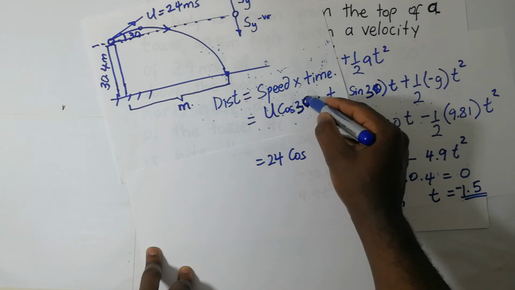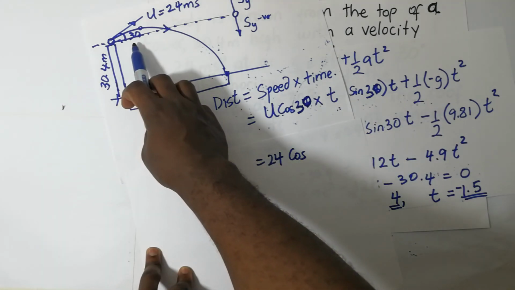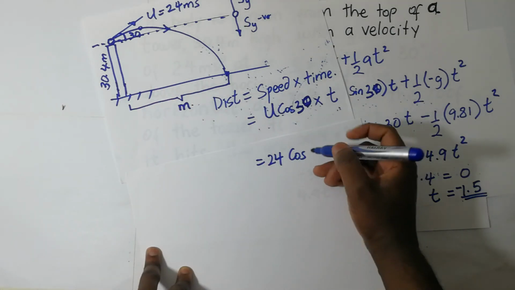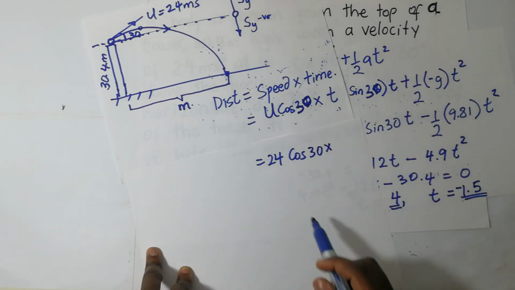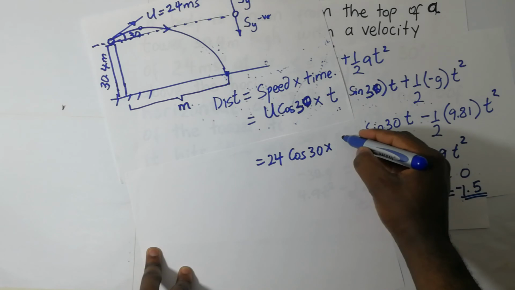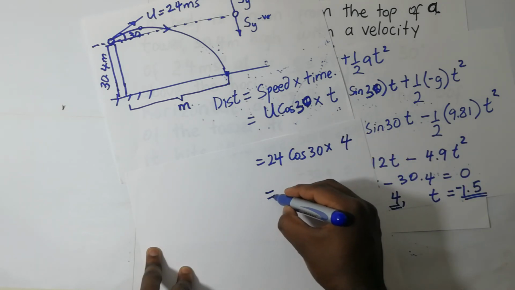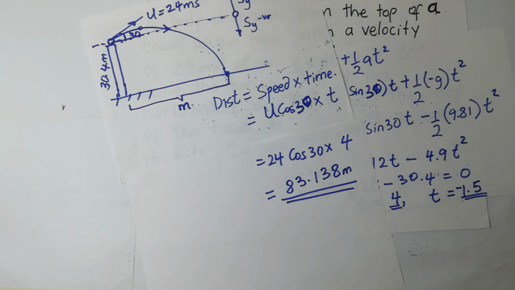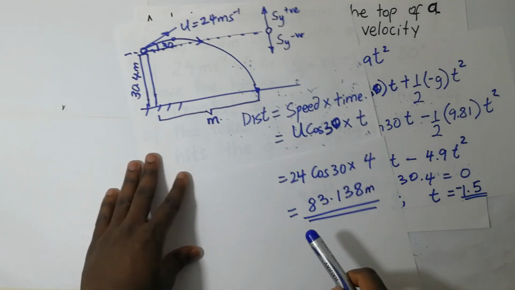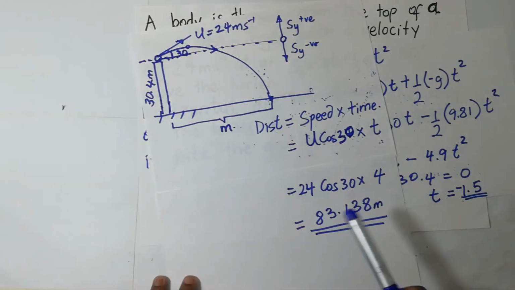I'm sorry, the angle there is 30. So it's u cosine of 30, multiplied by the time. The time here is 4 seconds. And the answer we get is 83.138 meters. So that is the distance here.